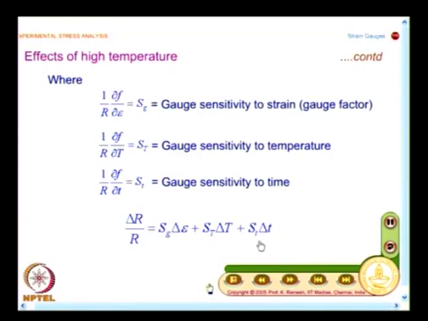See, in all these cases of nuclear radiation or effects of high temperature, you will have a drift. The cause of drift is different in each of these cases. When there is a drift, it is a function of time. That is the reason why the recommendation is do it quickly. If I do dynamic strain measurement, temperature effects are easy to handle.